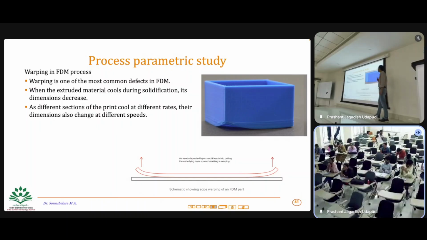Imagine the bed is at room temperature, and you are printing material at some temperature. You are trying to peel away, or take away, the material, and you don't have enough force, bonding, or temperature at the bed.